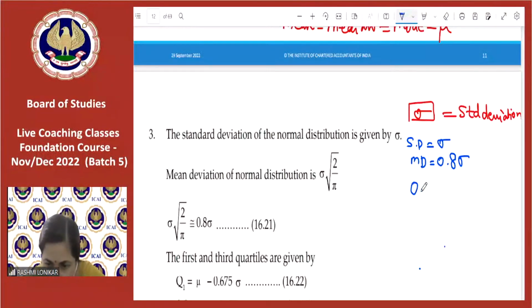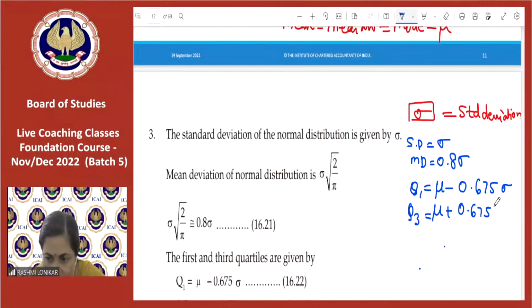Then we have first quartile Q1 is equal to mu minus 0.675 sigma. Q3, the third quartile, is equal to mu plus 0.675 sigma. Q1 is this, Q3 is this.